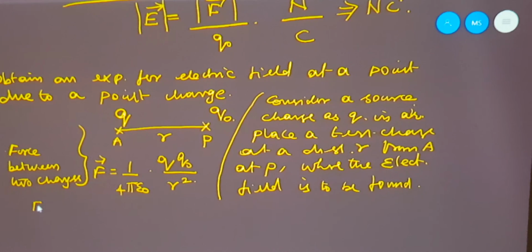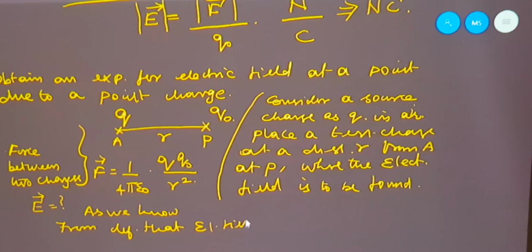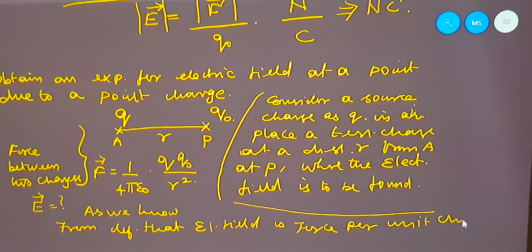But we are in need of the electrical field vector. As we know from the definition, electrical field is force per unit charge, or you can write unit test charge.